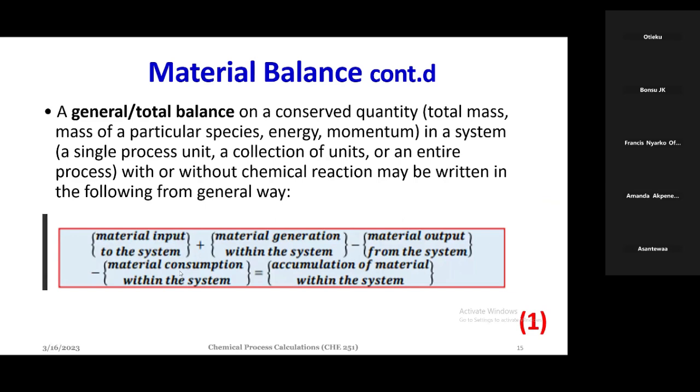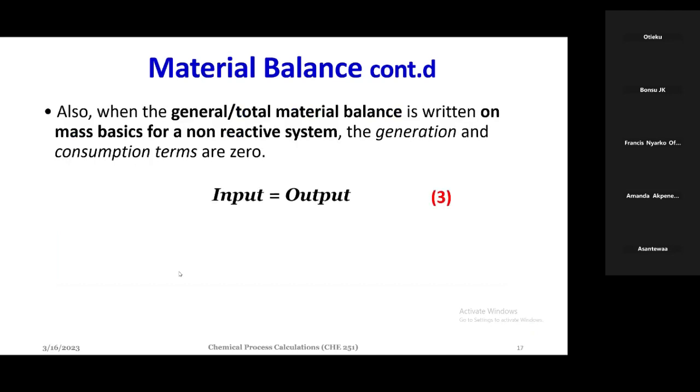But then when you are looking at a system where there is no reaction, then there wouldn't be any material generation, and then there wouldn't be any material consumption. You can take the corn mill for instance. When you put in the maize and then you are just milling the maize, this is not a reaction. So we expect that no other material will be generated, right?